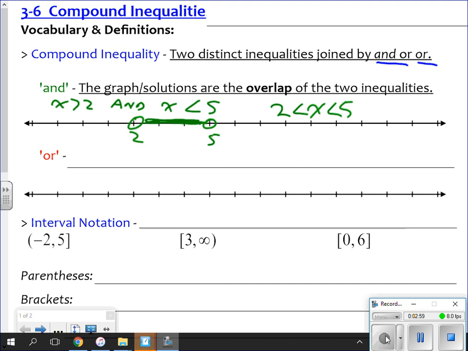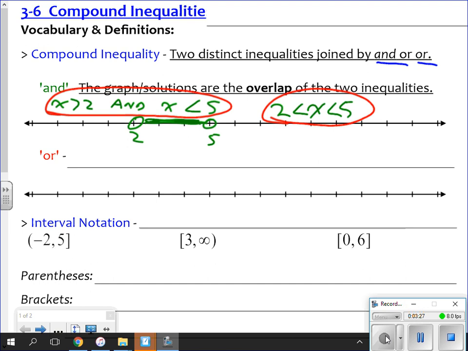This and this mean the same thing. Both of them mean the same thing. Two ways to write the same thing. Honestly, you're going to see the second one more often than you are the first one.